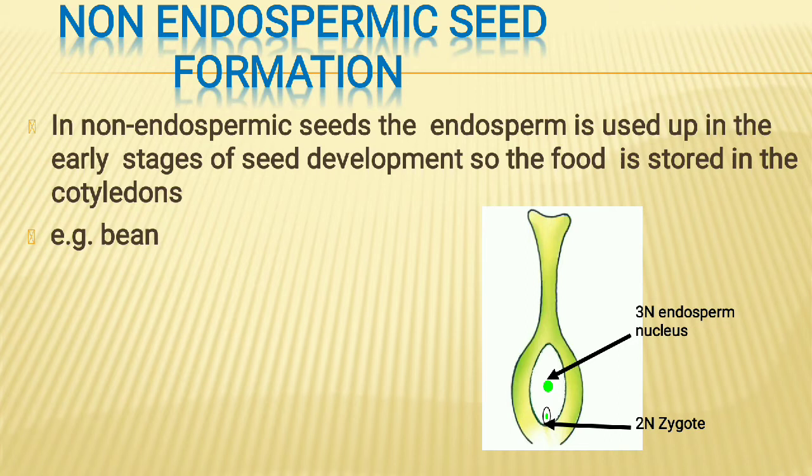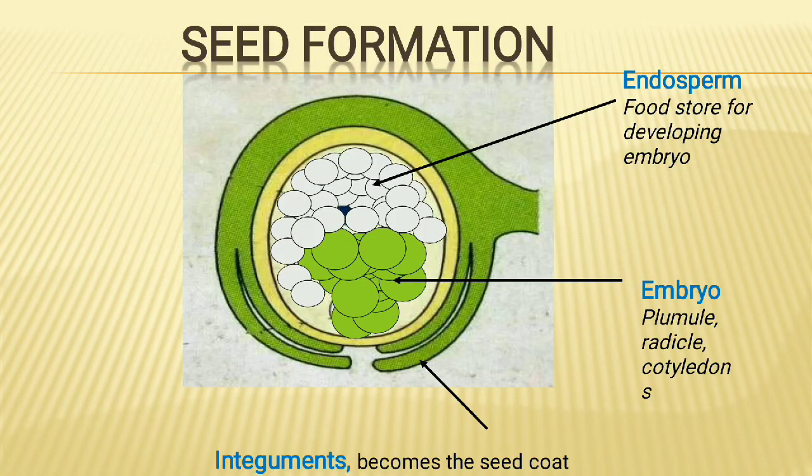In the future, those two cotyledons will give the nourishment for the seed. Example, all beans, like groundnuts also. If you open a groundnut seed, you will get only two cotyledons. You can't see any endosperm. But when you squeeze out maize, you can see that yellow portion, which is called endosperm.